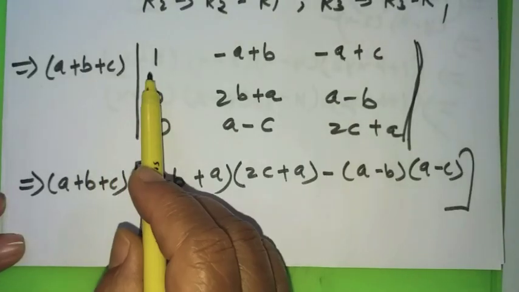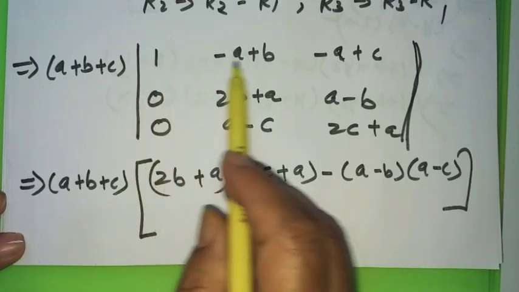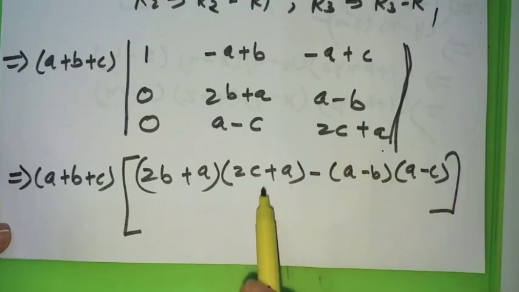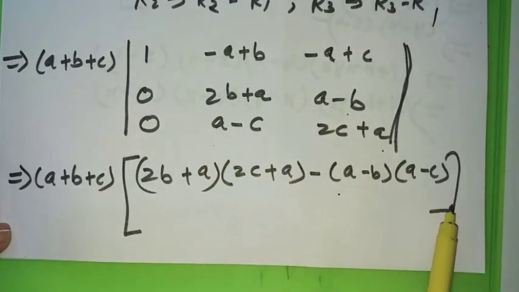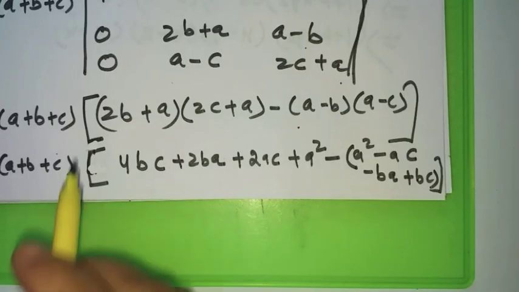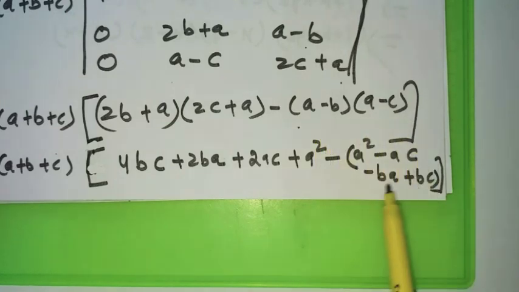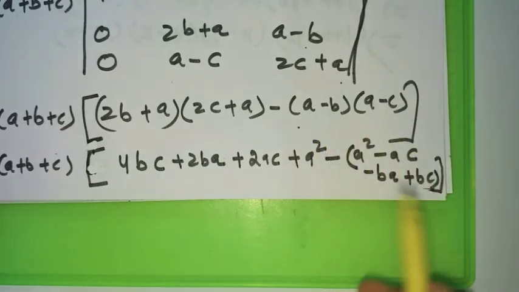So first column 1 into, neglecting the row and the column, 2b plus a into 2c plus a minus a minus b into a minus c. We multiply them further, multiply these two brackets, we get these 4 terms, multiply these two, we get this bracket with a negative sign, and we solve it further.